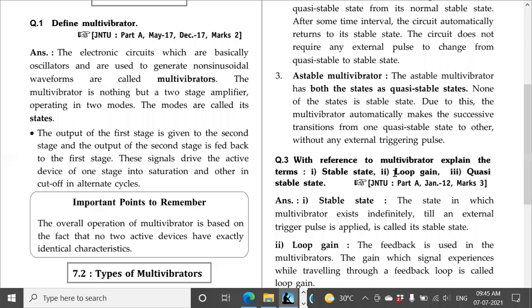Low is also a quasi stable state for an astable multivibrator, so again from low it will switch to high. So what will happen, students, anybody? Continuously it will switch between low, high, low, high, low, high. So what waveform will it generate, anybody?